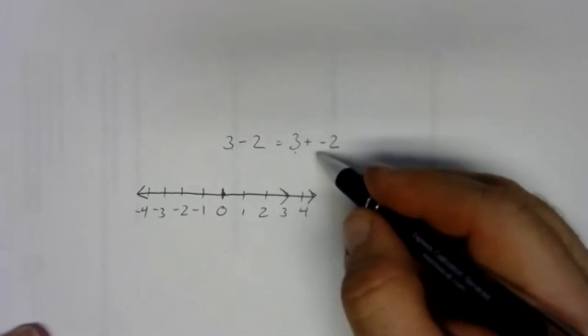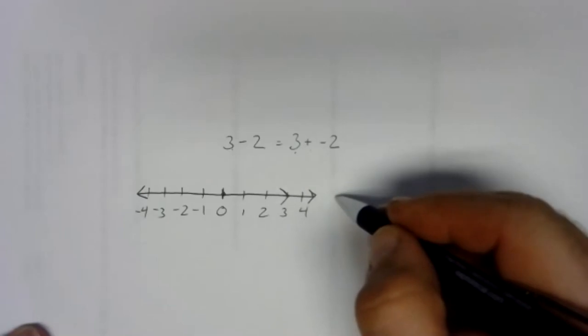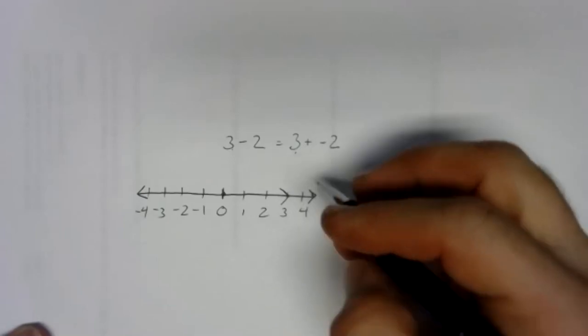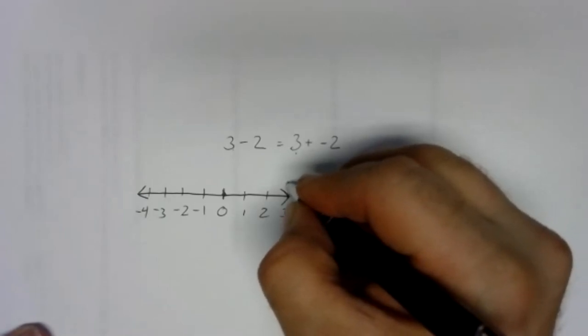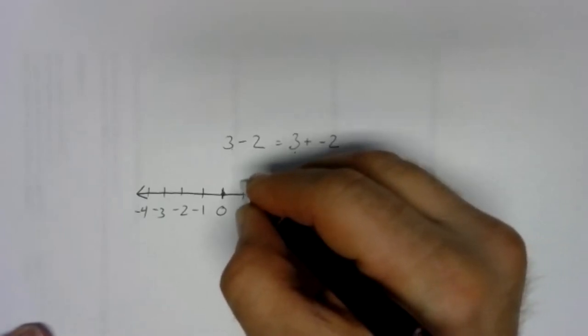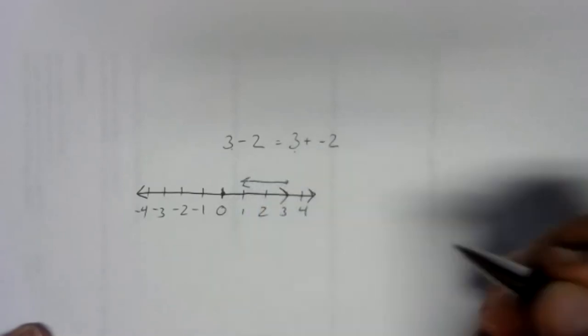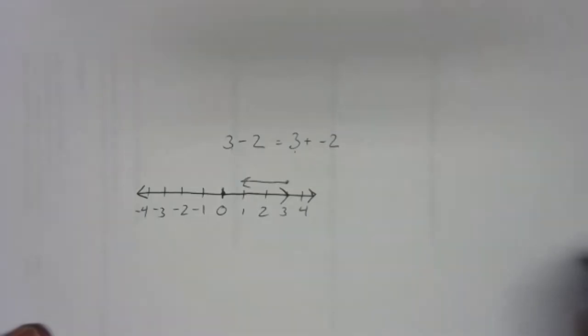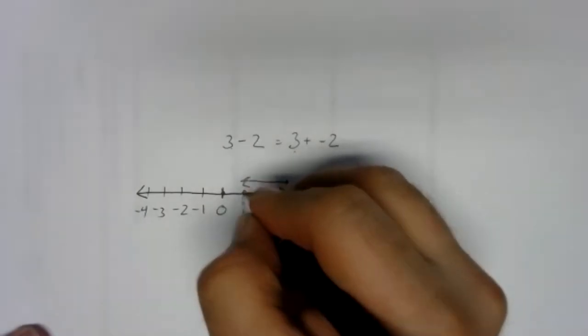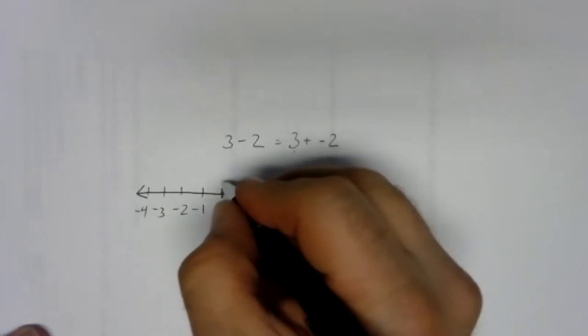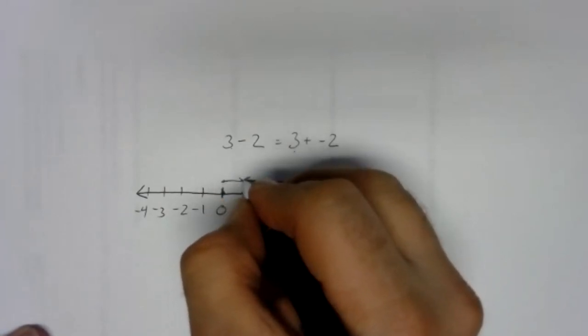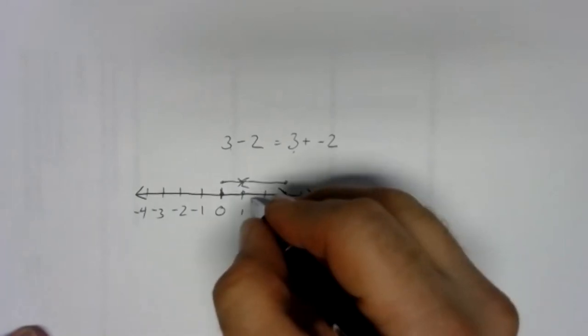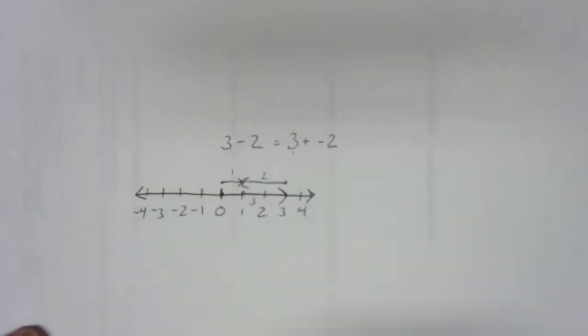If this was just a plain old addition problem, 3 plus 2, you just draw another 2 to the right. But because there's a negative, it flips it around. So essentially what we've got is an arrow of length 2, but going to the left. And that puts you right at 1. Your answer would be right there. So you've got 3, 2, and 1.